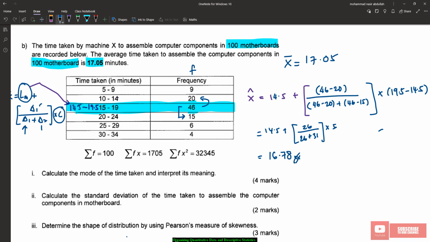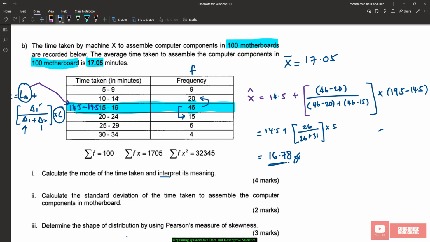And you need to remember the value here should be within this range, 15 to 19. If you get more or less, it means you calculated wrongly. So the value of mode is 16.778. And how to interpret? The most time taken to assemble a computer component is 16.78 minutes.